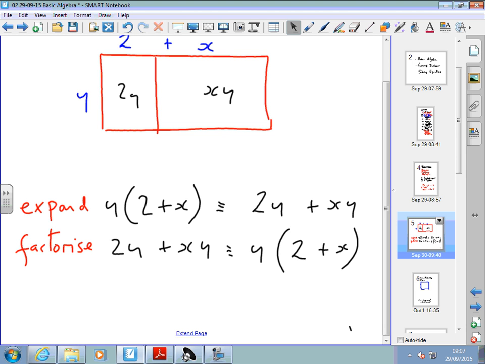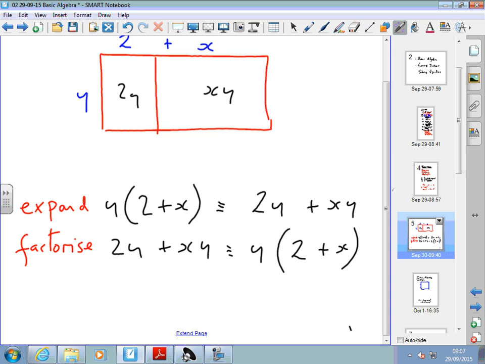So I've said that 2y plus xy can be factorised to give that. And now you can see that that's the same as that. So in fact we've shown that they mean the same thing, but also you can see it here. Okay, you can see that that is the same as that.